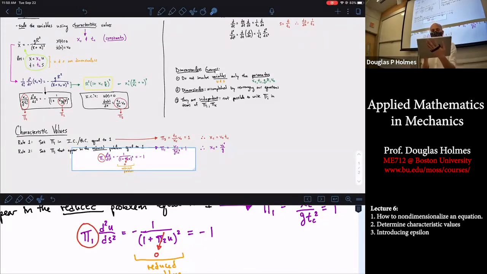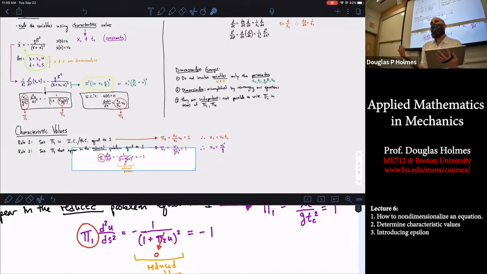So in this case, there are two rationales that we could use to throw out pi 2. One is that throwing out pi 2 gets rid of the nonlinear term. This is often the way people think about the reduced problem. We're going to do this again next, when we deal with the diffusion problem, but a slightly different diffusion problem that makes it nonlinear.